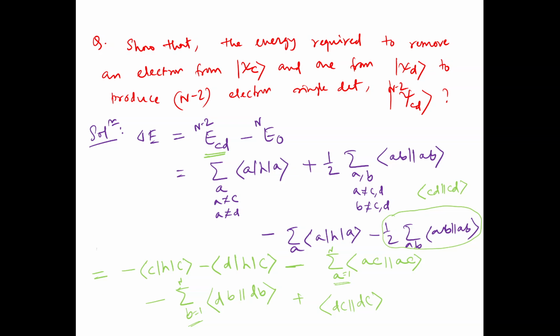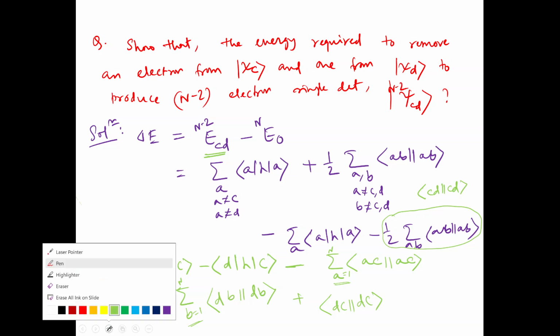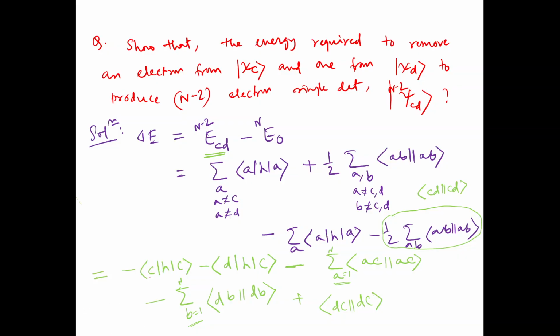Now this is very simple. Look at this term, you can combine it with this summation, and this is nothing but minus epsilon C minus epsilon D. That's what we thought the number might be, but there is an additional term DC-DC, or we can write it as CD-CD.